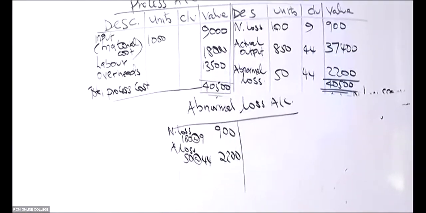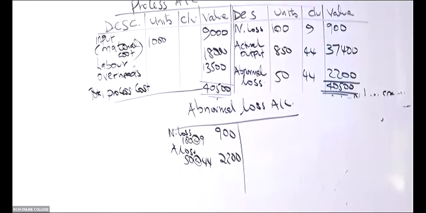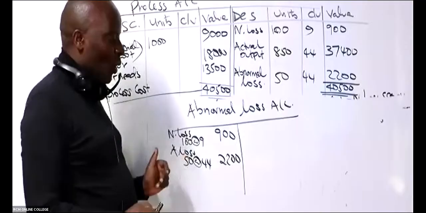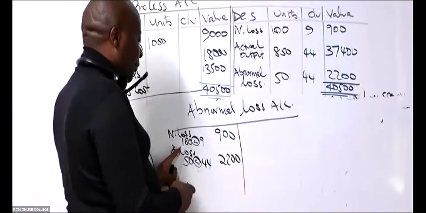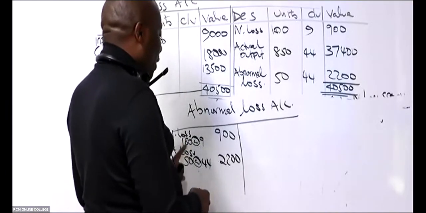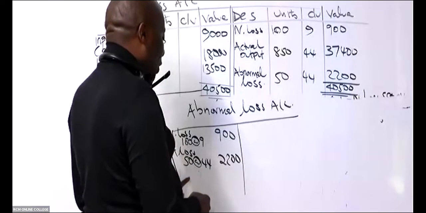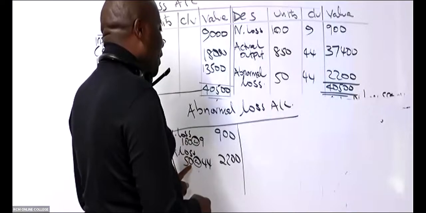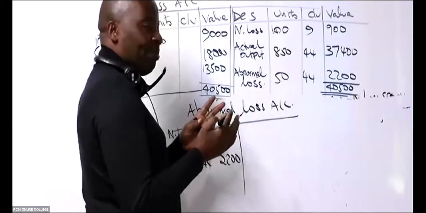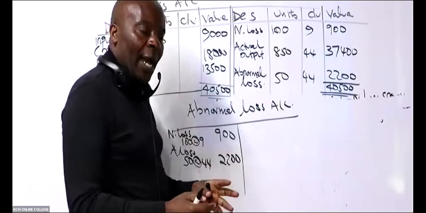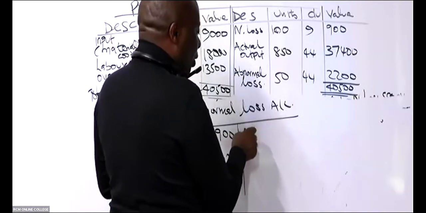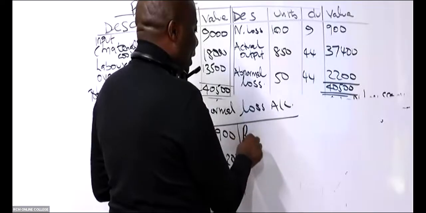Now, ladies and gentlemen, please listen. How many units do we have representing the loss? Total loss will be 150. These total loss units, we shall scrap them. We sell them and we receive money through the bank. So we debit bank account, and we credit this account by saying bank.